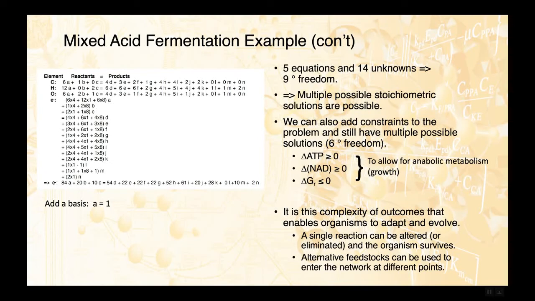One of those constraints is that, if I know these cells need to survive, they need to replace cell components, they need to maintain their viability, or they need to reproduce, the net ATP produced must be greater than or equal to 0. If it was equal to 0, then the cell would ultimately not be able to repair itself.